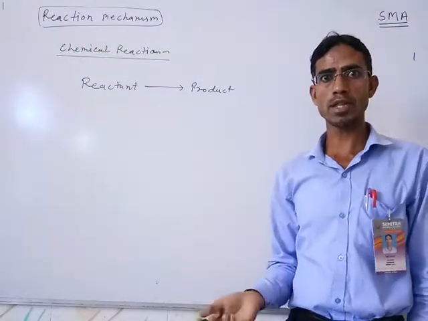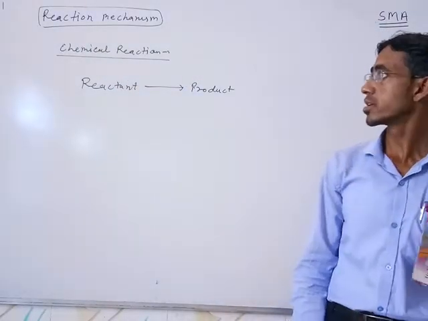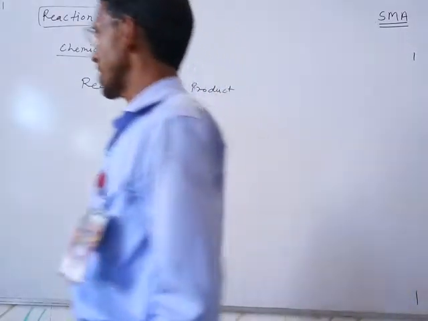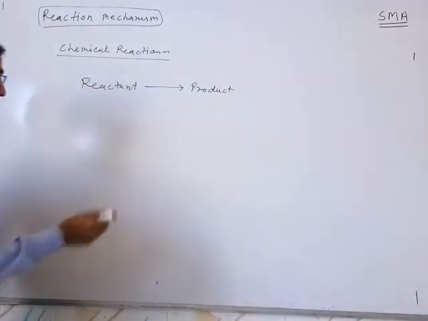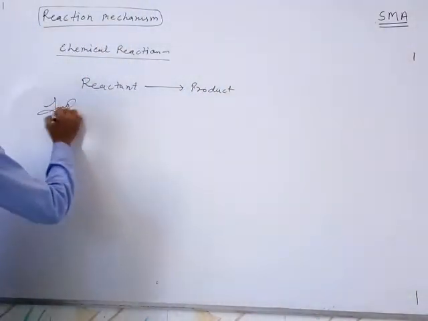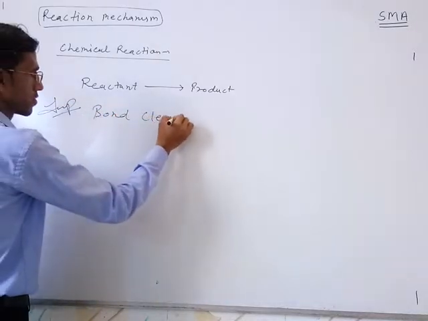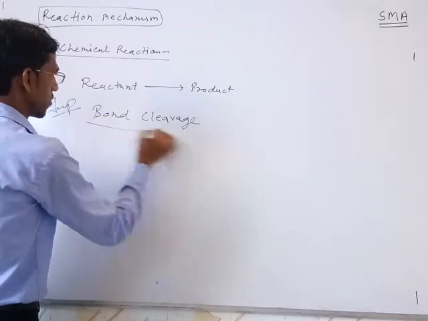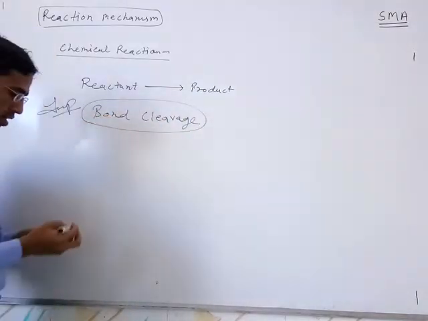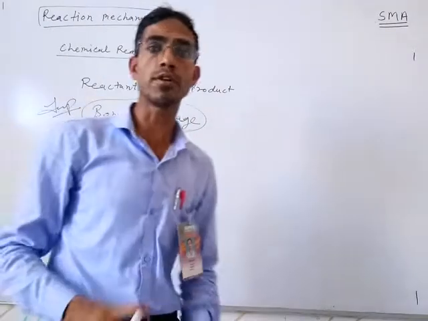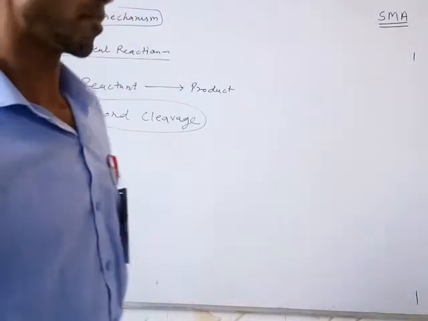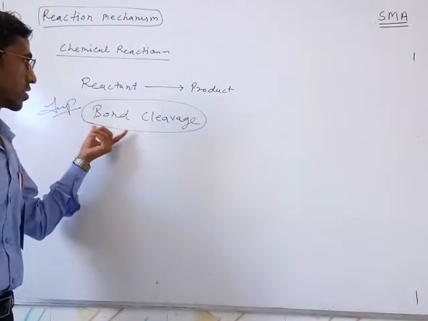Old bond decomposes and a new bond forms. Bond formation and bond cleavage are the most important topics. Without bond cleavage, reactant is not converted into product. So this is the most important factor.